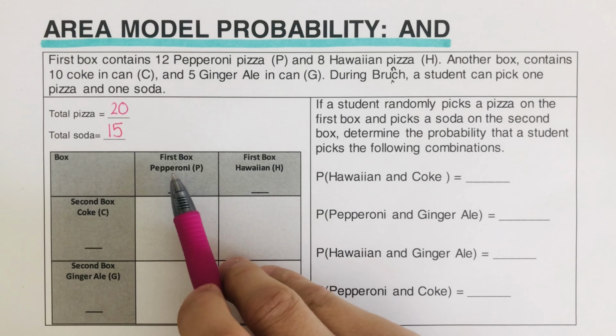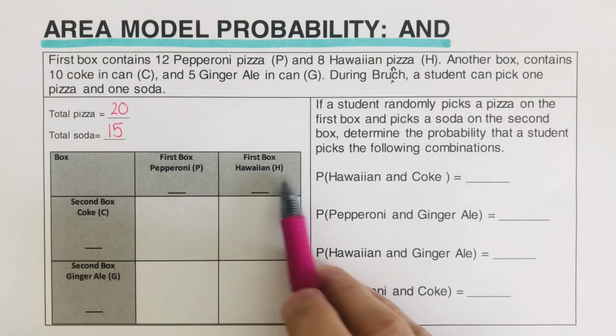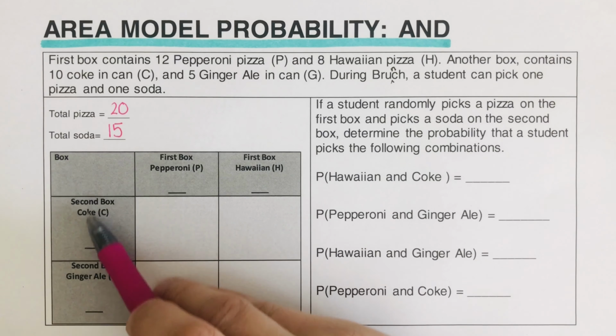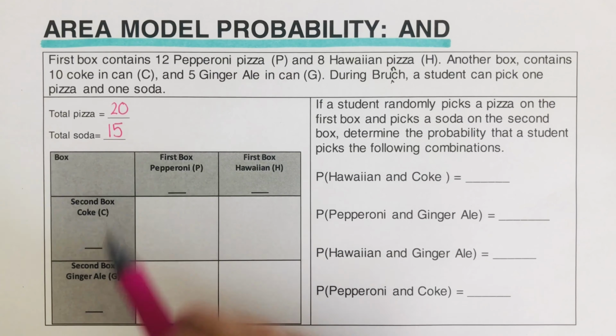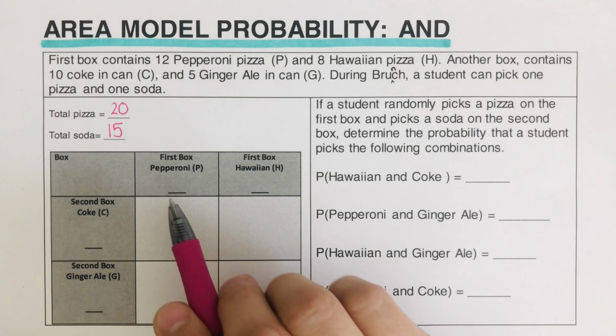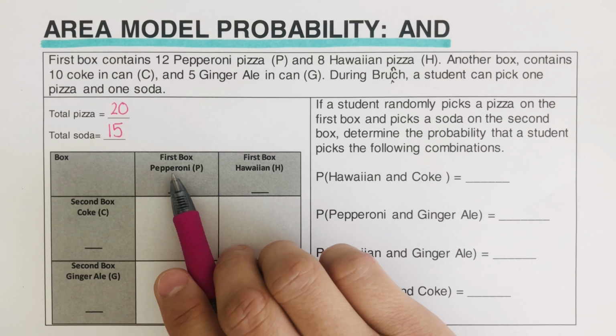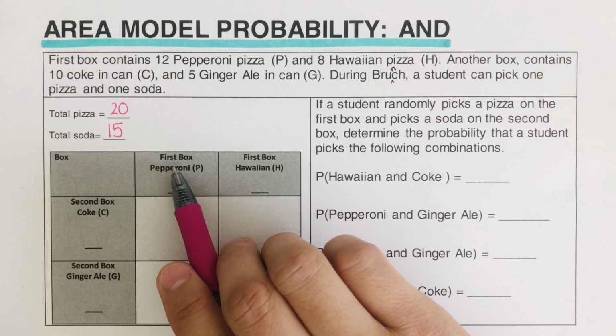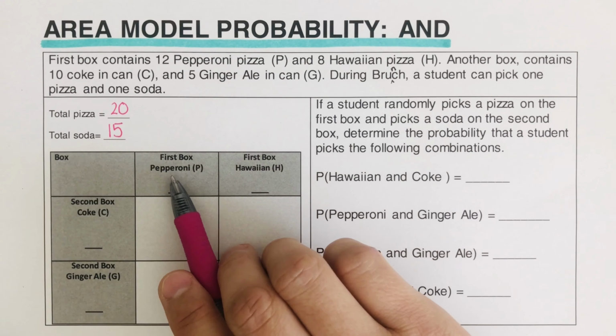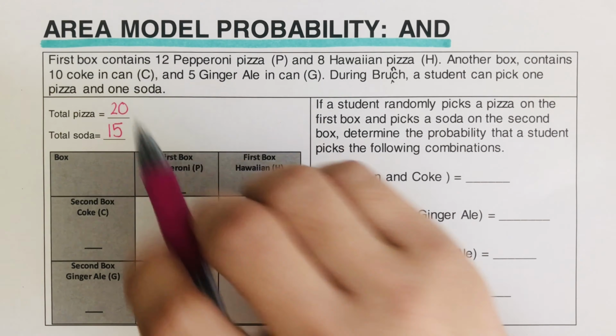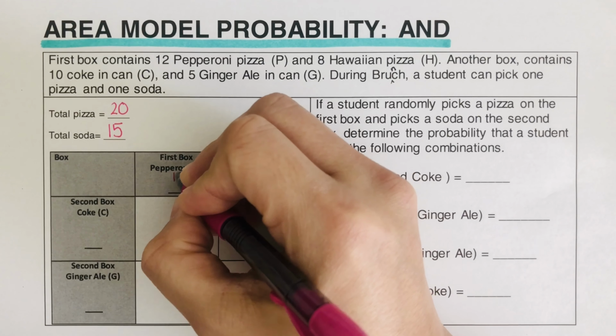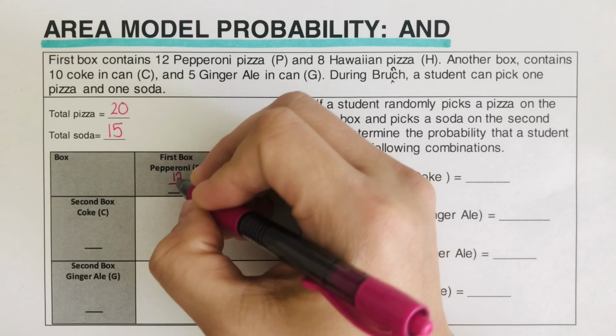Now, these are for the first box, that's one event, and this is another event, and these two events are independent events. So we have the probability of the first box, that's a pepperoni. That means 12 over 20.